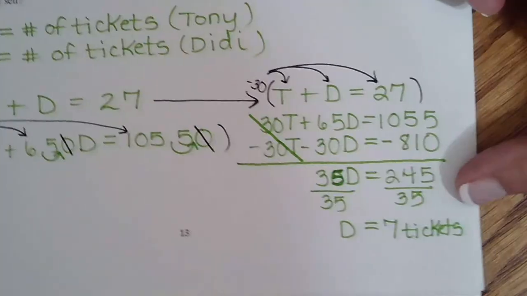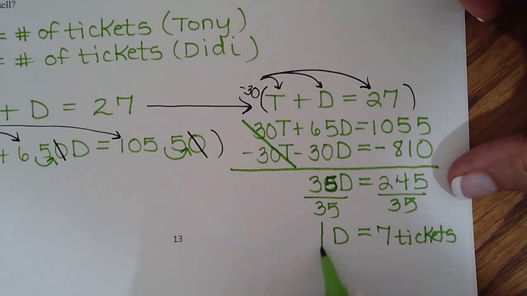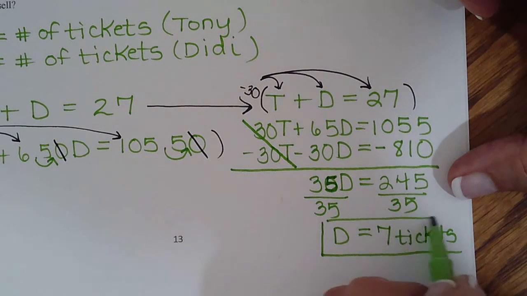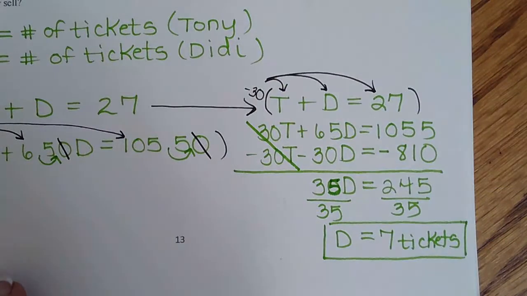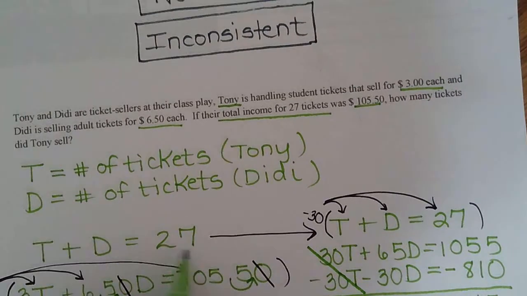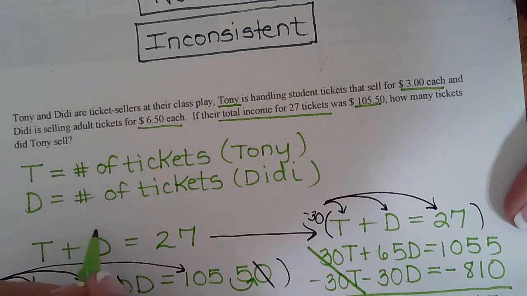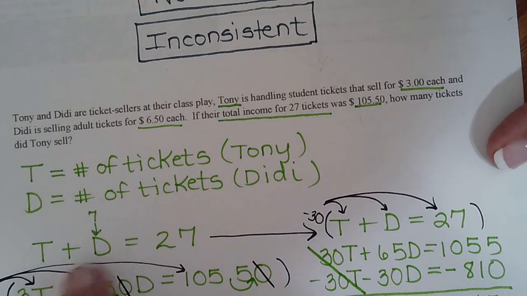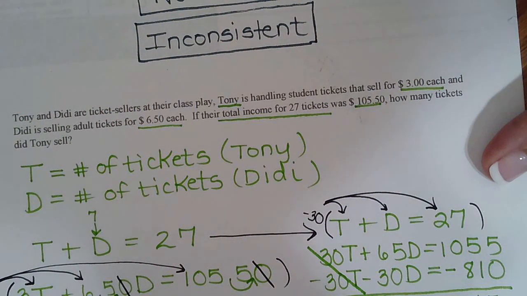But the question wants to know how many did Tony sell? So it's real easy to tell. So we say, well, we know they sold 27 total. So if Dee Dee sold 7 of them, that means Tony sold 20 tickets. And that's your answer.